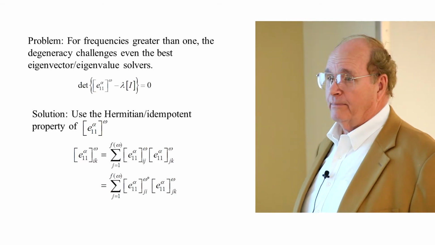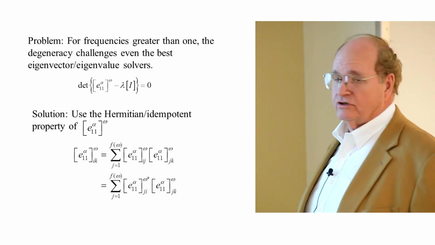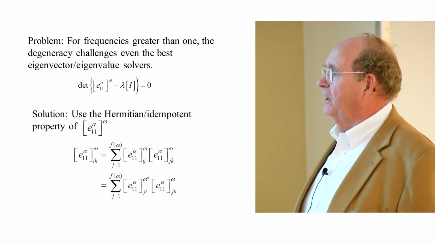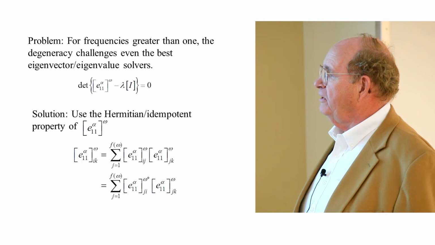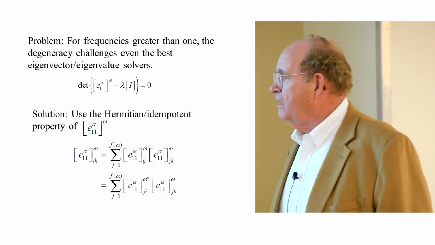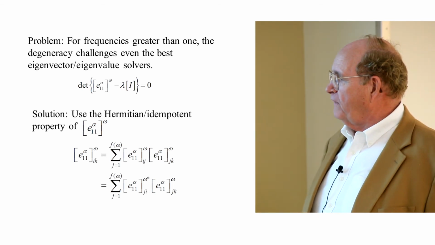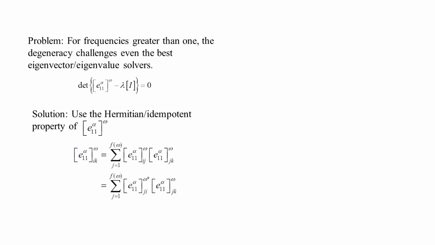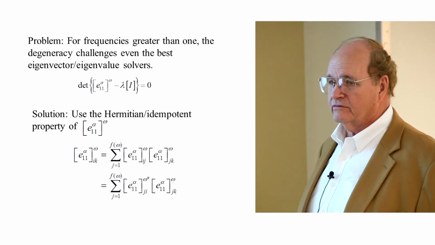So, what I published, and which seemed to make Dieter Kramer very excited, is to use the properties of this matrix, the Hermitian idempotent property of this matrix. Notice that if I multiply it by itself, I get it back, don't I? So this is multiplying 2 matrices together to get the original matrix.